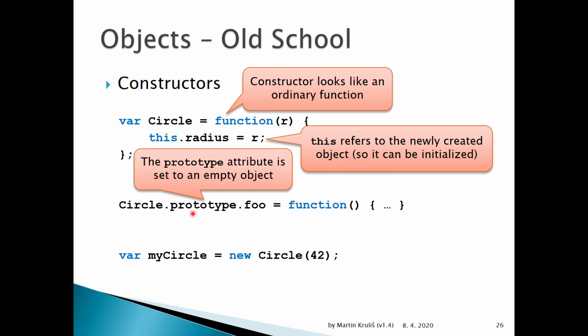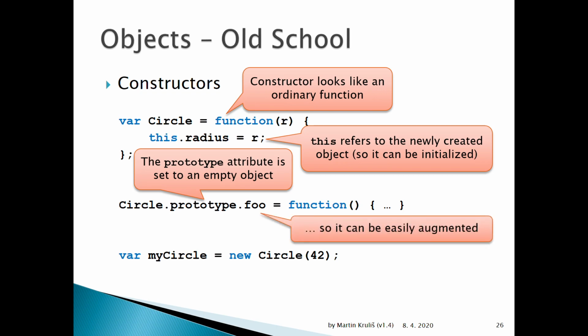So don't mix up the prototype property, which is normally accessible and normally augmented, of the constructor, and the hidden prototype property of any object. We can augment this prototype, of course, so we can, for instance, fill some methods into this prototype, or we can replace it with another object, no problem there.